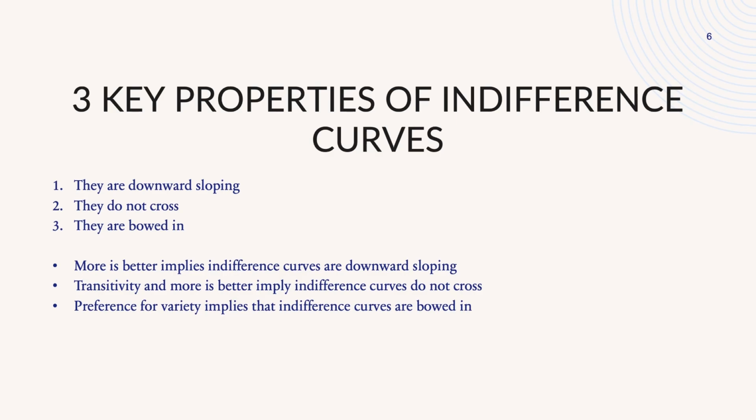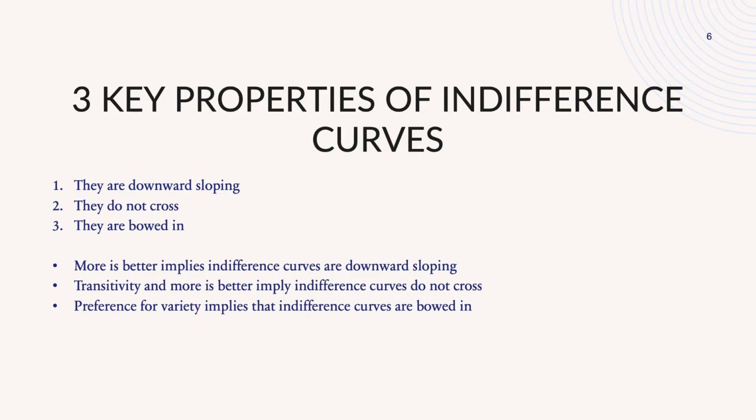Once we find all of these bundles, we will connect the points by drawing a line, and that line will represent our indifference curve, which will also show us the consumer satisfaction, as seen in our last slide.